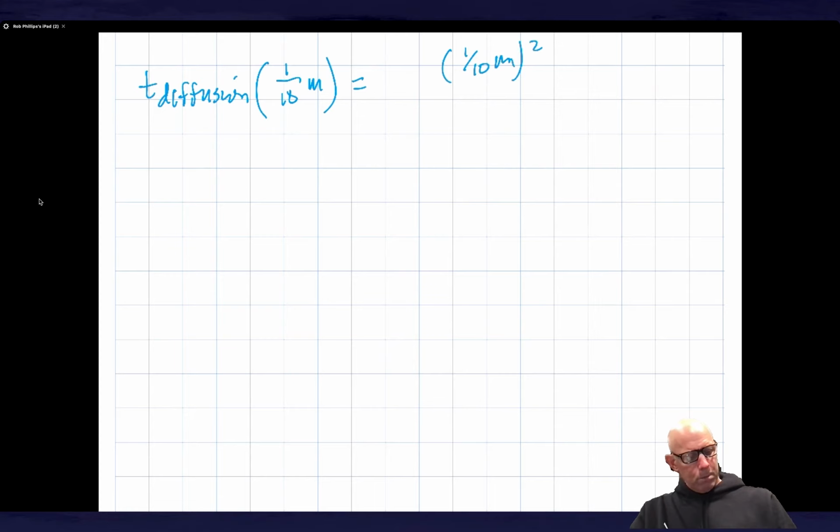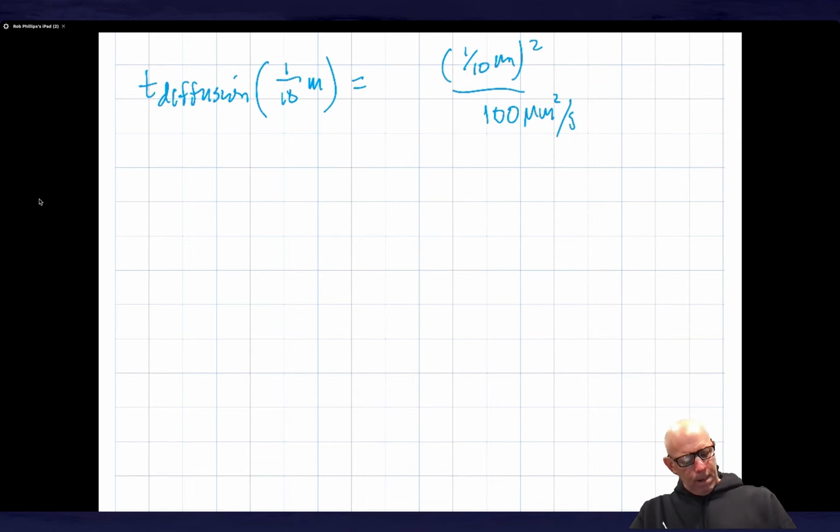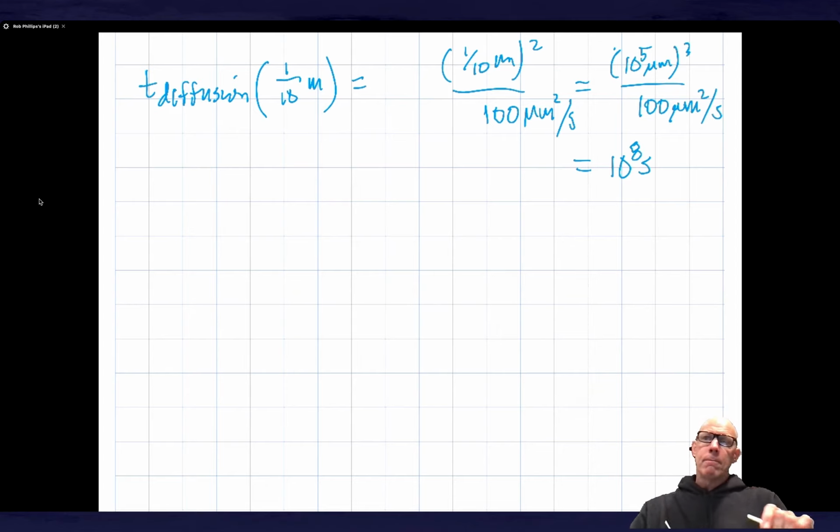So this is 1/10 of a meter squared divided by 100 microns squared per second. But I need to use consistent units, so 1/10 of a meter is 10 to the fifth microns, so 10 to the fifth microns squared divided by 100 microns squared per second, and that gives us 10 to the eighth seconds.